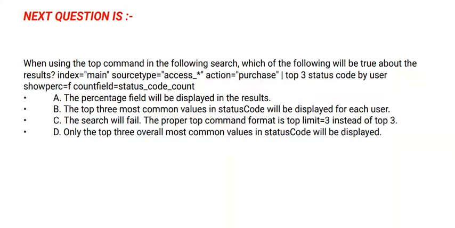Option B, the top 3 most common values in status code will be displayed for each user. Option C, the search will fail. The proper top command format is top limit=3 instead of top 3. And option D, only the top 3 overall most common values in status code will be displayed. The correct option is option B.